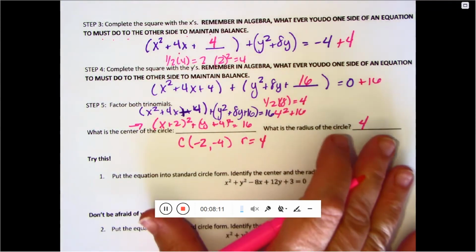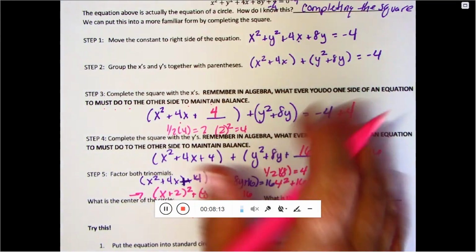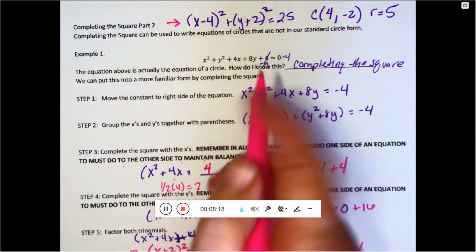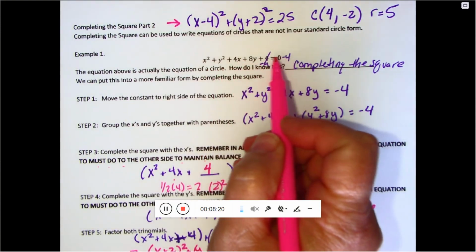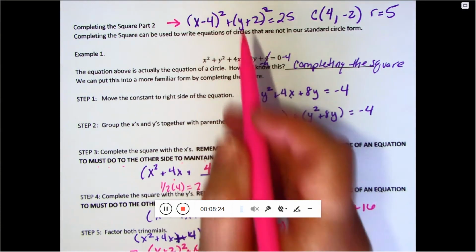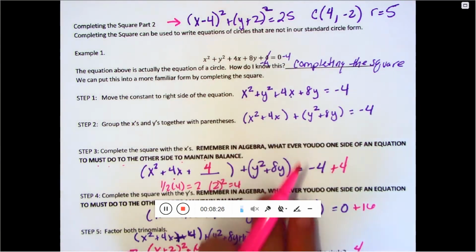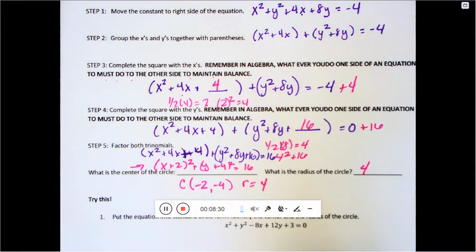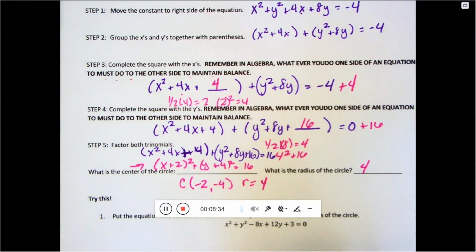When we first introduced the equation way up here, I couldn't tell what the center and the radius were because it wasn't in that form. So we use this process of completing the square to get it in this familiar form. Then I can identify the center and the radius of the circle.